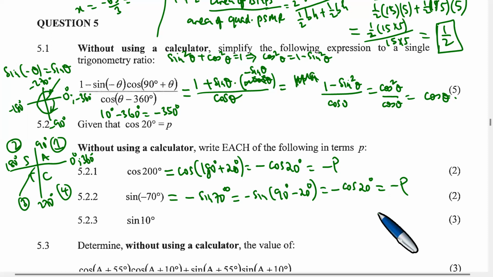Anyone who is done? Is it too difficult, or is it too easy? Sine 10.